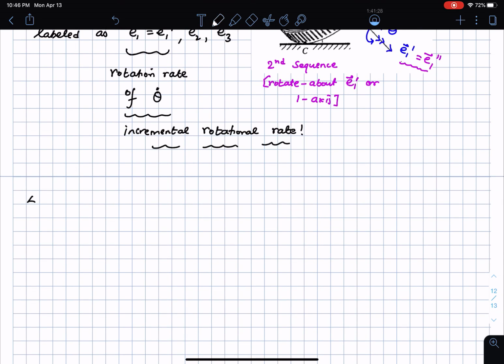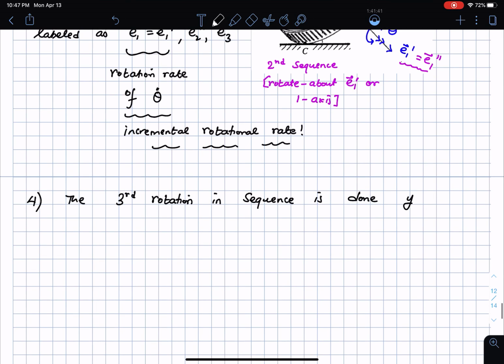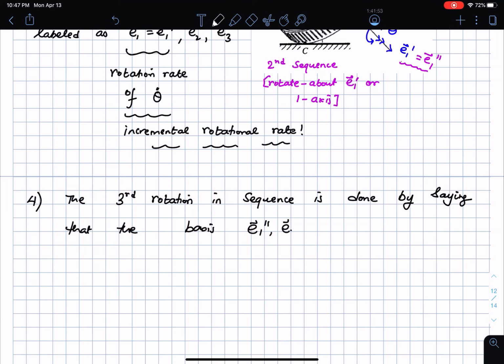Okay, the third rotation in the sequence is done by saying that the basis E1 double prime, E2 double prime, E3 double prime is not a co-rotational basis.